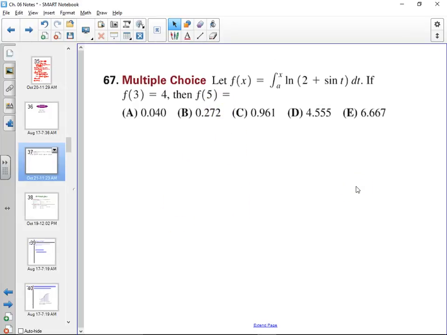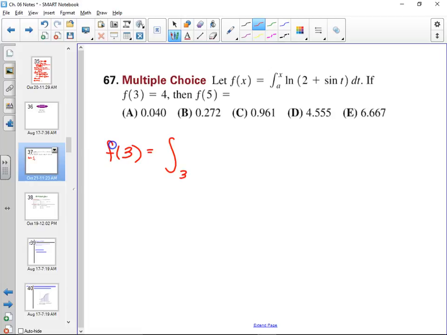No. No! You were supposed to use our clue from yesterday. If you have an initial condition, you can talk about f of x as the integral from 3 to x. For instance, if you know f of 3, you could say, let's start at 3, and then x is 3, because we can make it whatever we want.